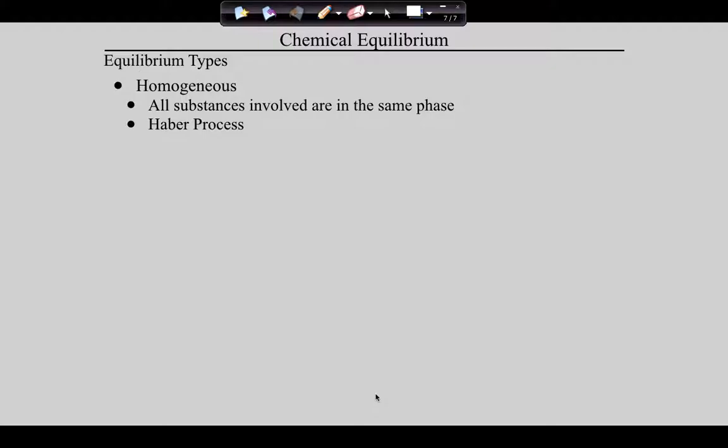Nitrogen's a gas, hydrogen's a gas, ammonia's a gas. So, again, not surprisingly, if we've got homogeneous, we've also got heterogeneous. And a heterogeneous equilibria is where we've got substances in different phases.